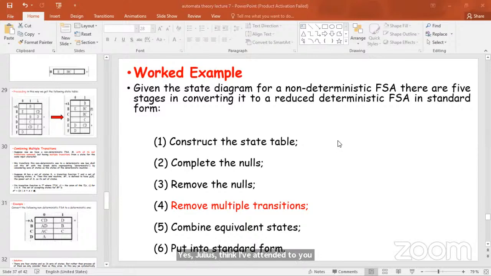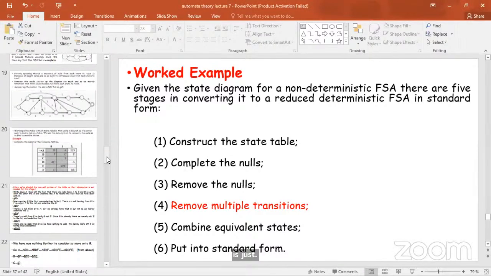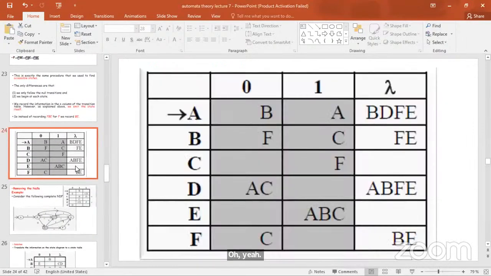Lawrence, yes. So the assignment you gave, not quite long. There's no diagram. There are no accept states. It's just slide 20.